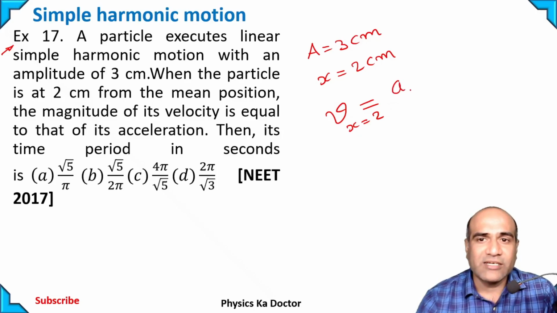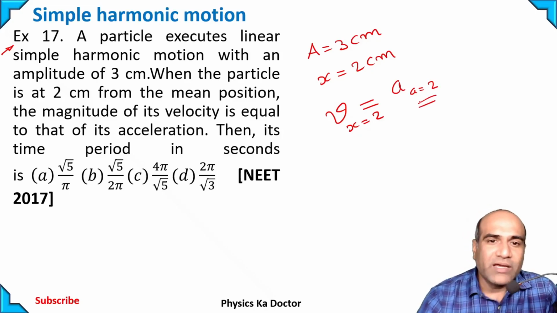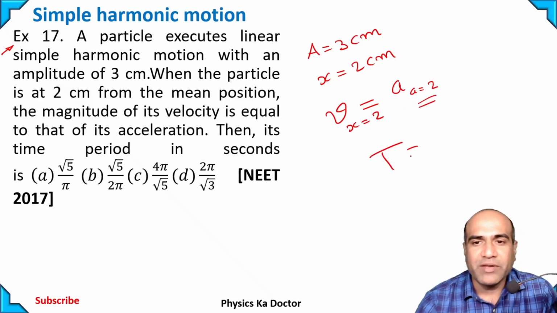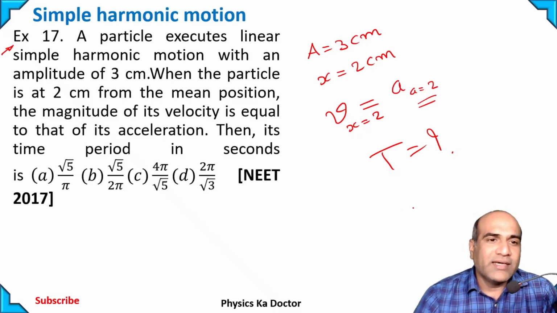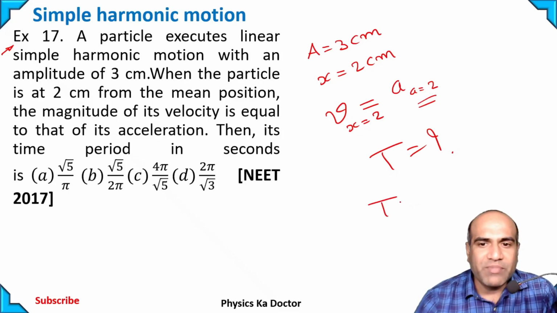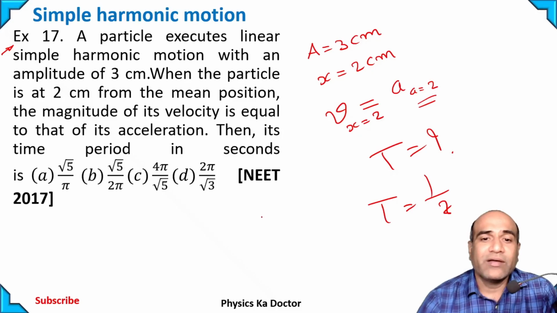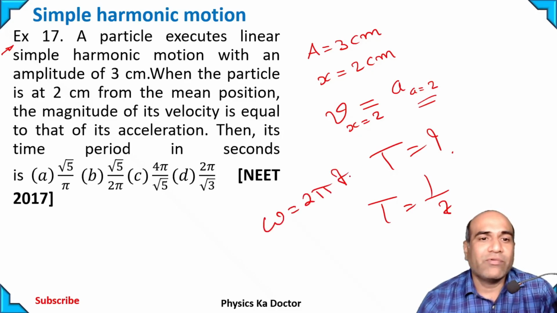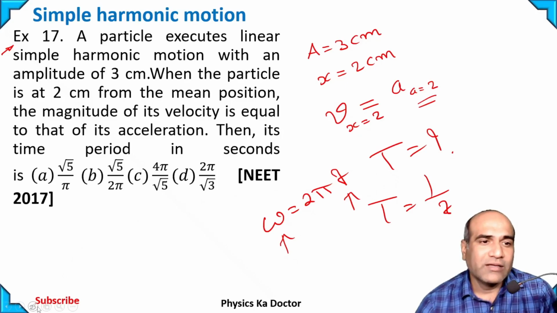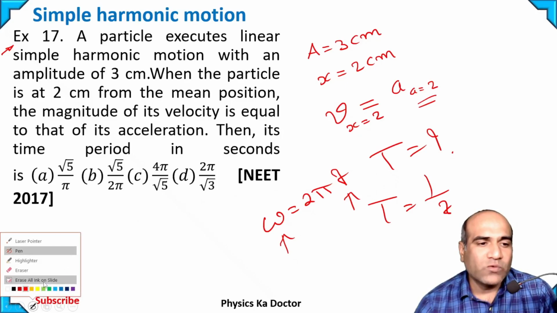Very simple question. Then find the time period, in seconds. We know that T equals 1 by f and omega equals 2 pi f, so you find omega or f, or directly you can find T. Time period is required.